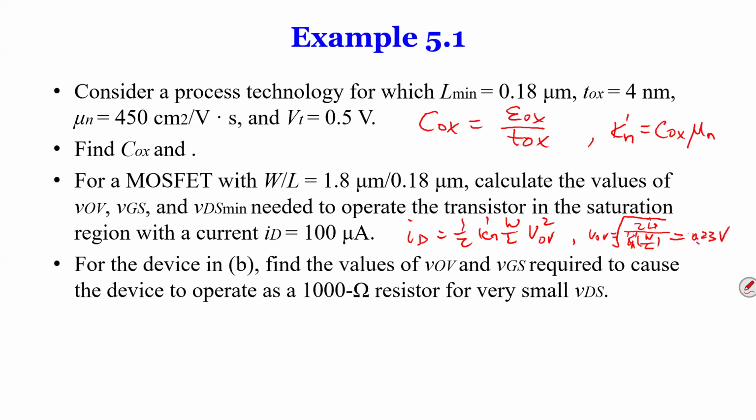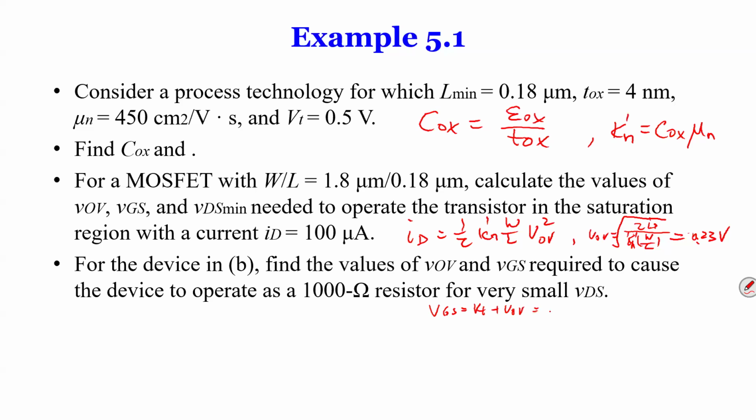How would you get that without knowing ID? ID is given, 100 microamps. So you get VOV, right? VT is given, so we know that VGS is equal to VT plus VOV.